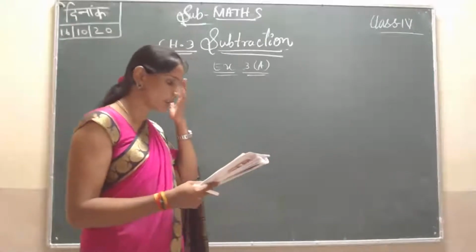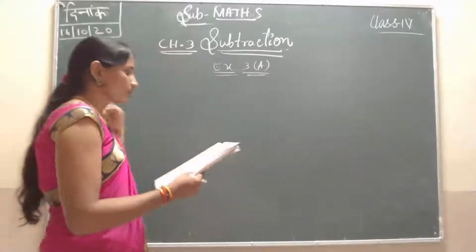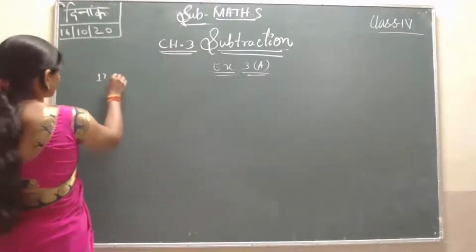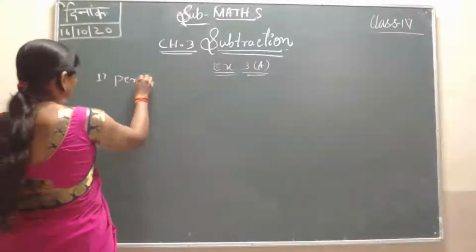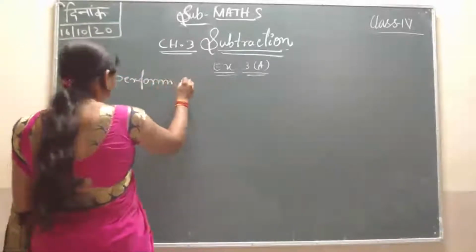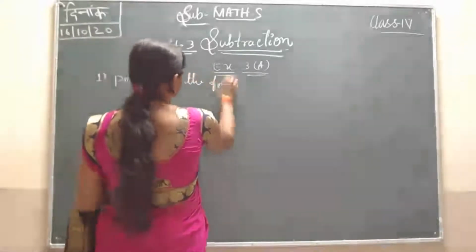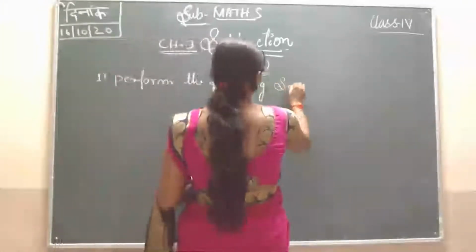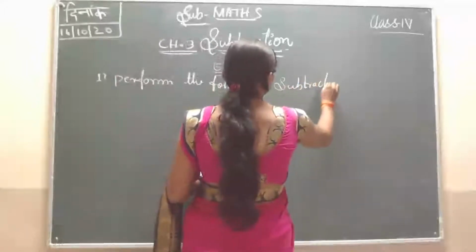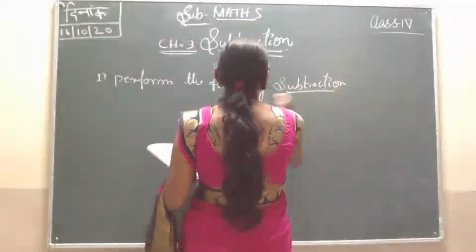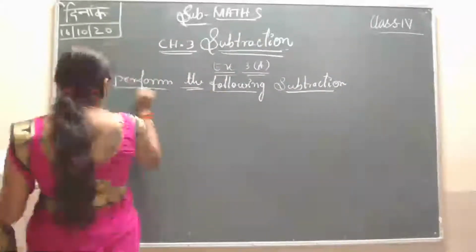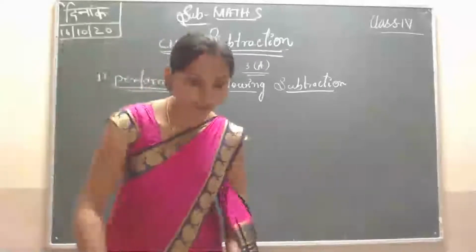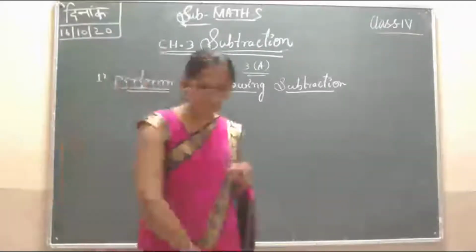Now more digits are given. Perform the following subtraction. Students, just to recall, the method of subtraction means you have to write in place value, and solve from right to left.